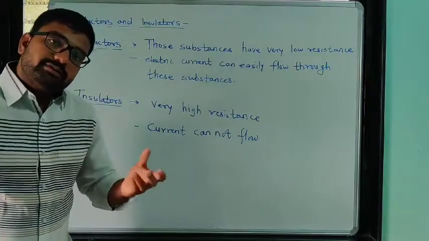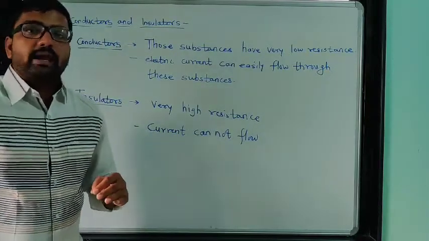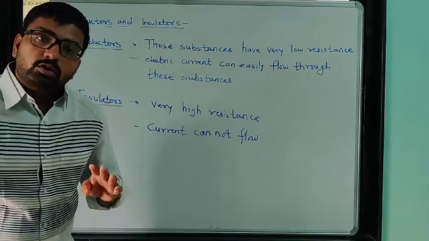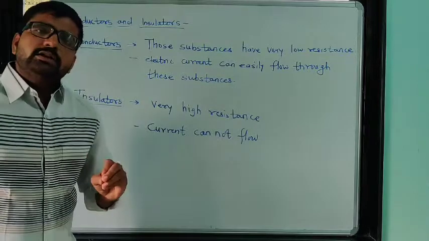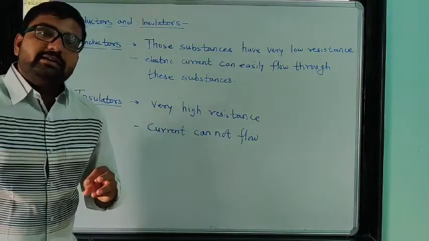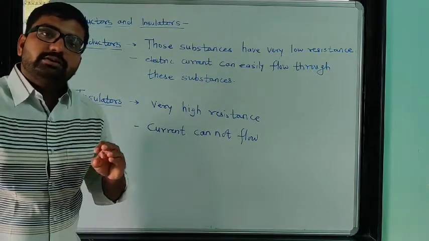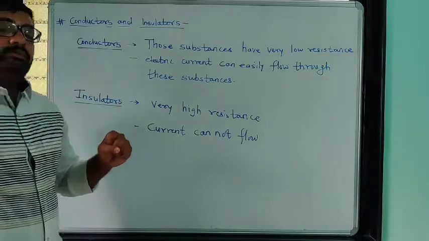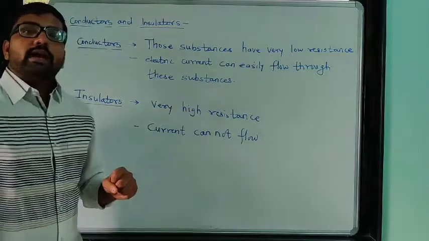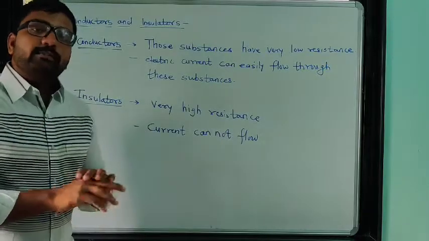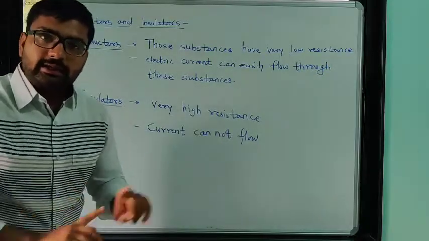And if we see some substances like plastic, wood, cloth, we see that electricity does not pass through them. So from observing all the substances, we understood that not all substances are electrically conducting.